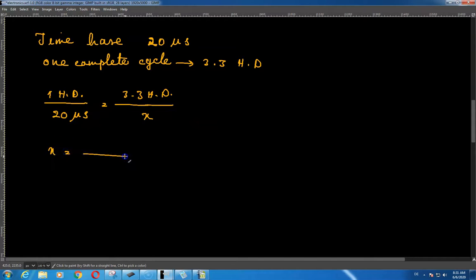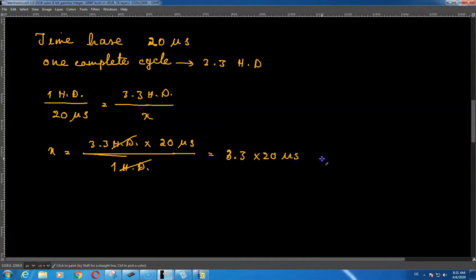Your x would be equal to 3.3 horizontal distances times 20 microseconds divided by one horizontal distance, right? You can cancel these two out, and you would be left with simply 3.3 times 20 microseconds, which is the same thing as 66 microseconds.